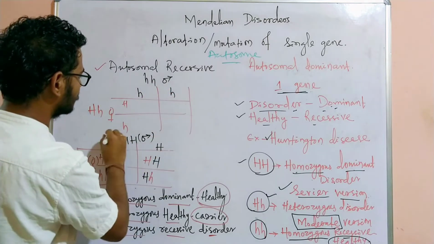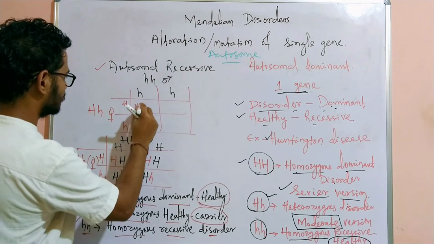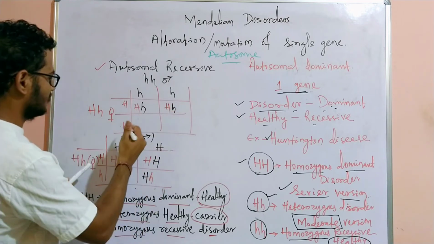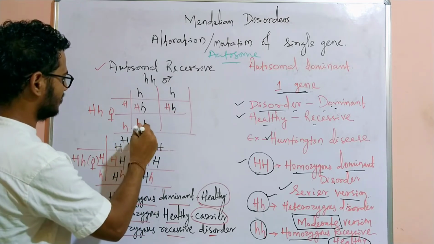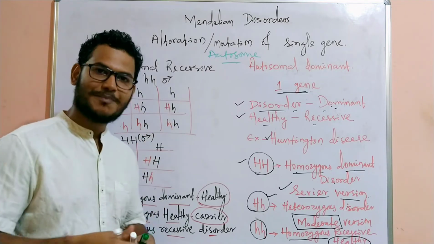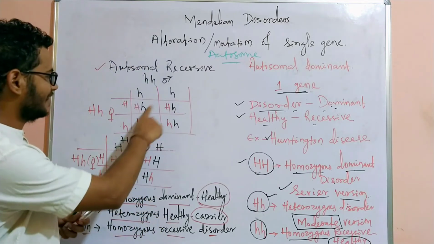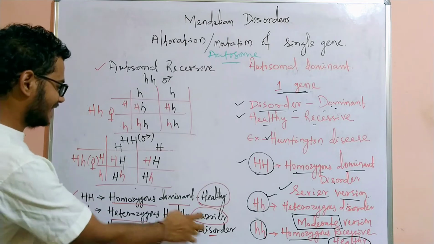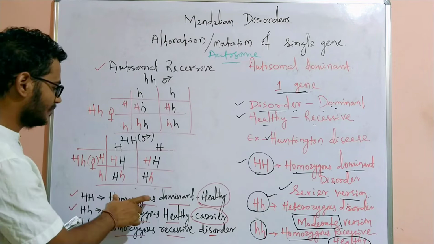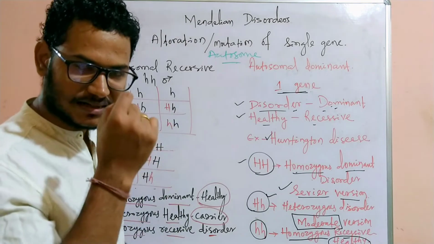So what will be the outcome here? We will have capital H, small h, capital H, small h, small h, small h, and small h. So by the cross we can obtain two different varieties of offsprings. One is carrier healthy, means heterozygous healthy, and 50% will be homozygous recessive, or they carry the degenerate.